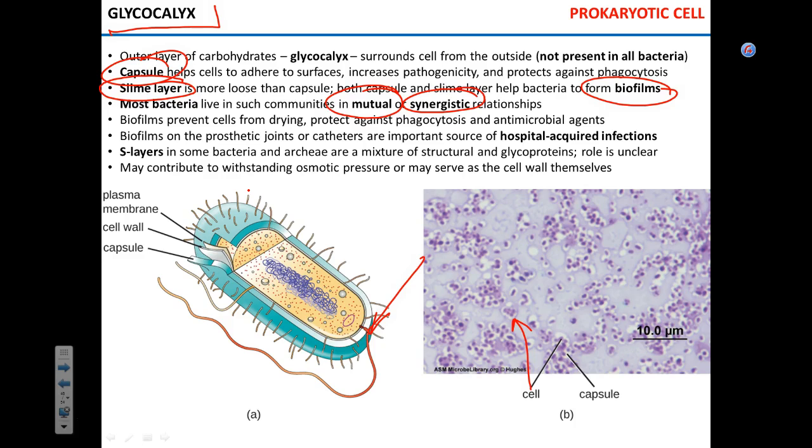Now, synergistic relationships. What do you think it is? What is synergism? If you drink a shot of vodka, you're going to be buzzed. If you drink a glass of beer, you're going to be buzzed. If you take a shot of vodka, pour it into the glass of beer, and drink it, what's going to happen to you?